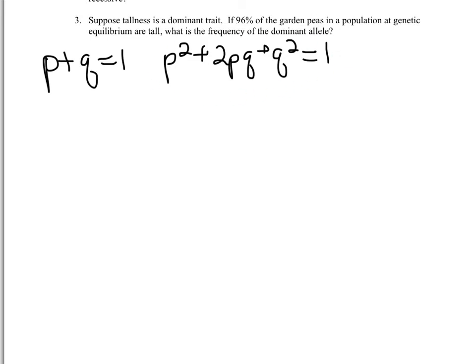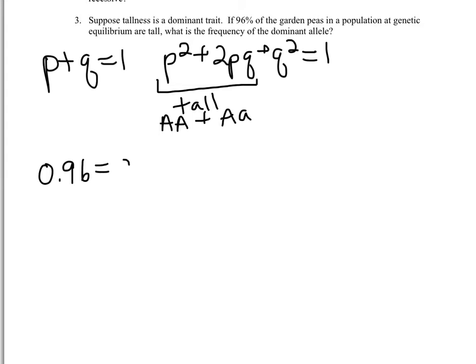So tallness incorporates, and this is the key, both these two terms. They're going to look tall, the ones they represent. So AA and big A, little a both look tall. So the frequency here, 96%, 0.96, equals p squared plus 2pq.